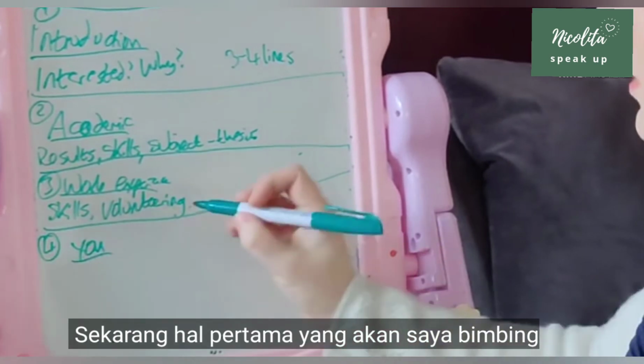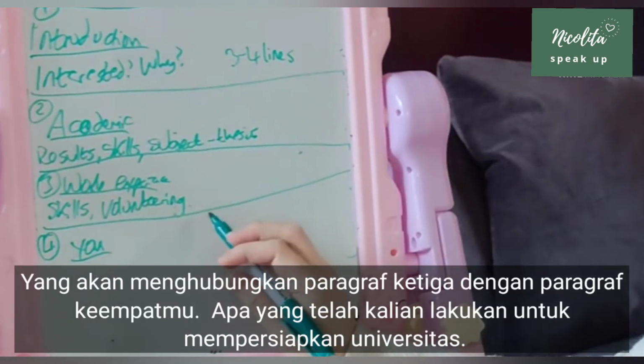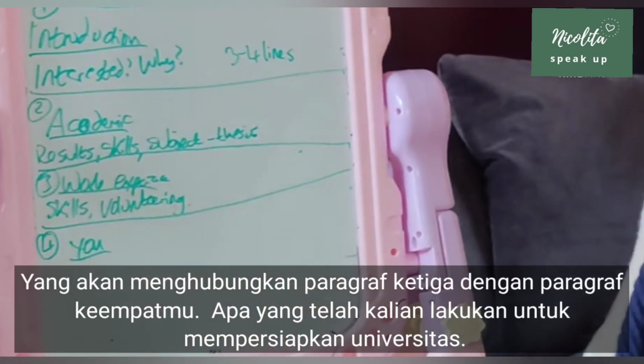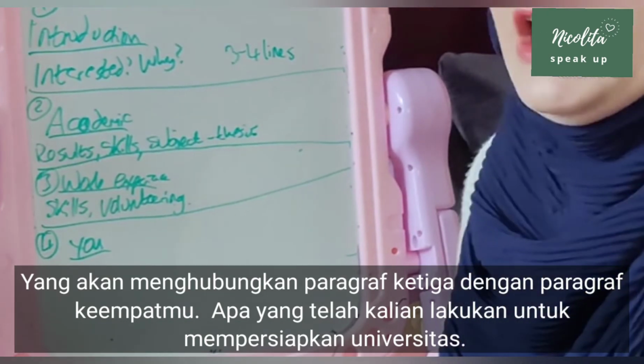Now, related to this is the next section, which is about you. The first thing I would lead with, which will connect this third paragraph to your fourth paragraph, is what you have done to prepare for university.